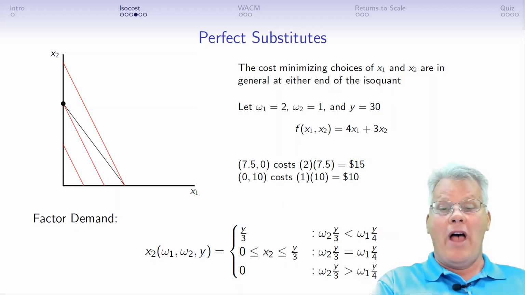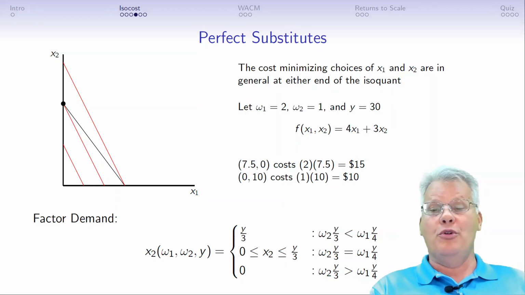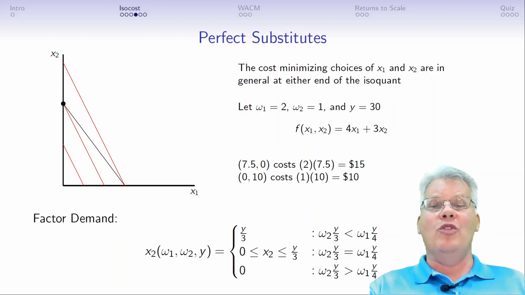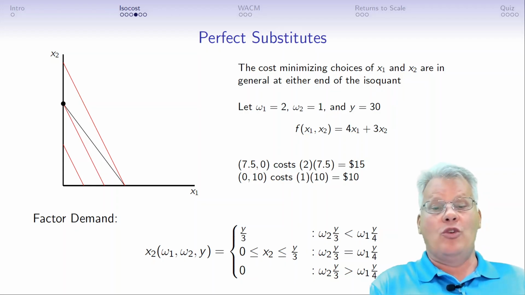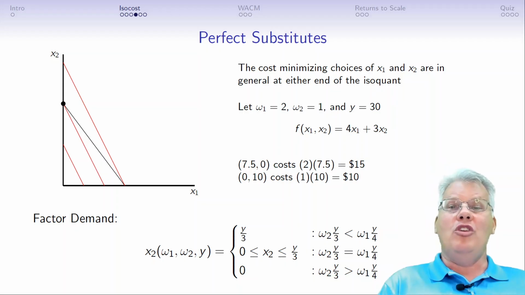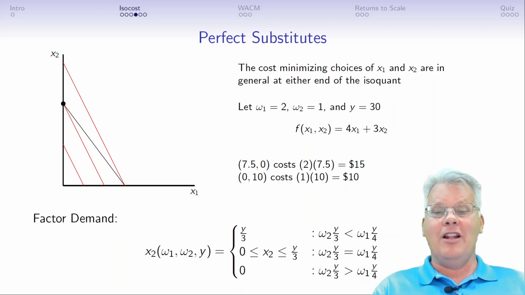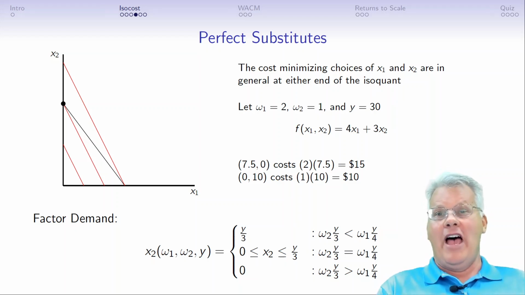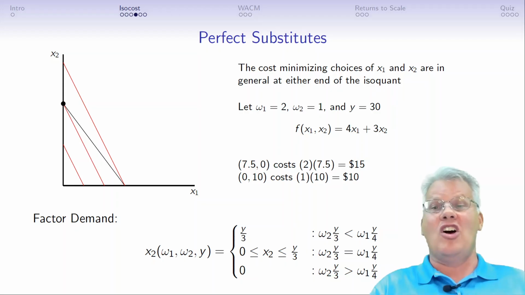So if production with factor 2 is cheaper, the firm will produce all y units of output using y over 3 units of factor 2. If, on the other hand, production with factor 1 is cheaper, then the firm uses no factor 2. And in the case in the middle, where the isocost line is on top of the isoquant, the firm can use any combination that they choose. Any cost is cost minimizing.